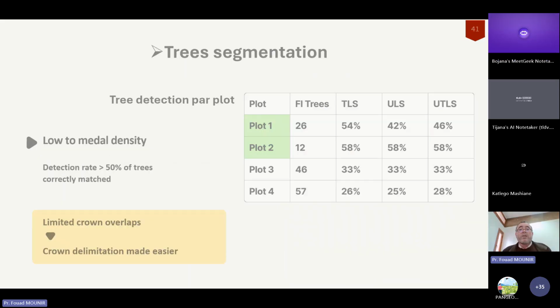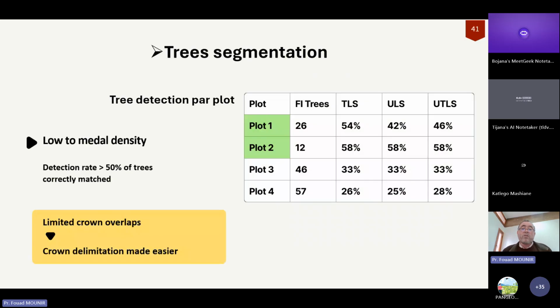Concerning tree segmentation and individualization, in plot 1 we had a detection of more than 50% of trees correctly matched. Why is this? Because in plots 1, 2, and 3, the density is not very high, but in plot 4, the density was very high.